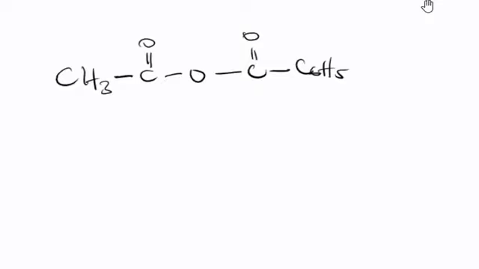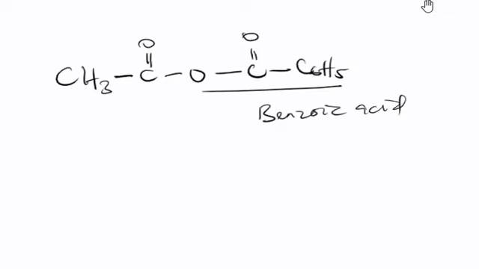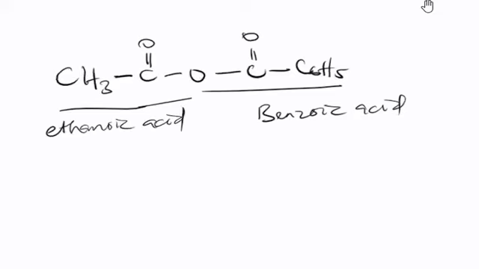So notice that over here I have a benzoic acid and over here I have an ethanoic acid. So since this is an acid anhydride, I'll simply pick these both and then check the first letters.